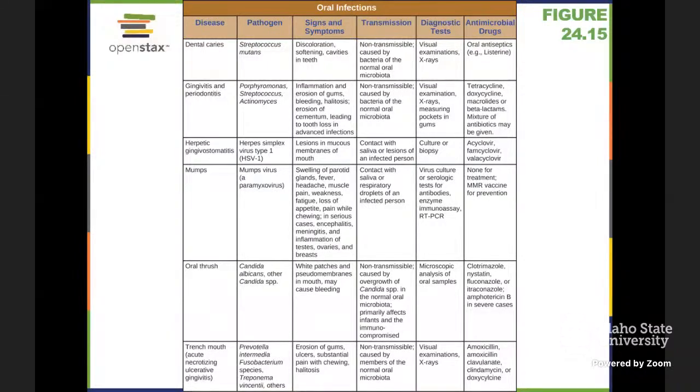Typically, it's children that were infected with this in the first place, so later in life, sterility issues for sure. So I mentioned droplet saliva, respiratory droplets from the infected individual sets the stage for that.